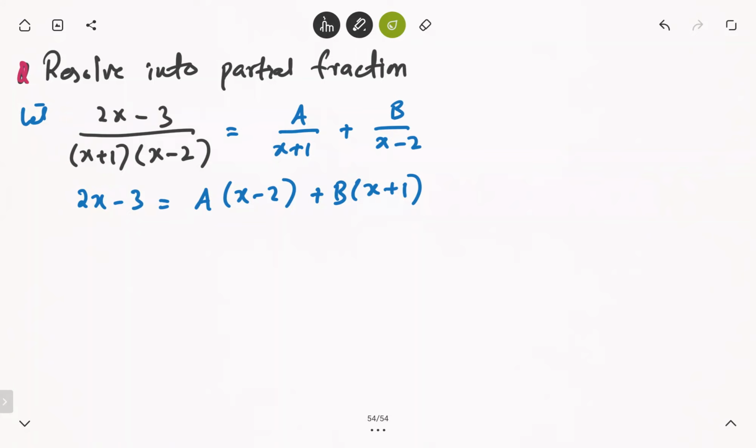So what values of x should be used to find a and b? -1 and +2. Good.